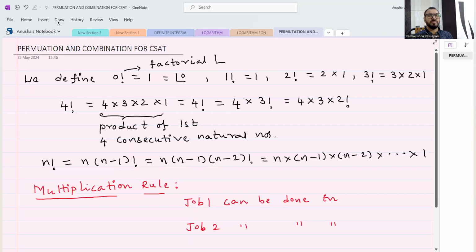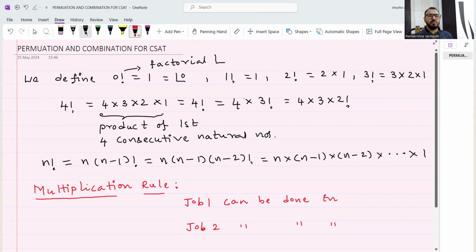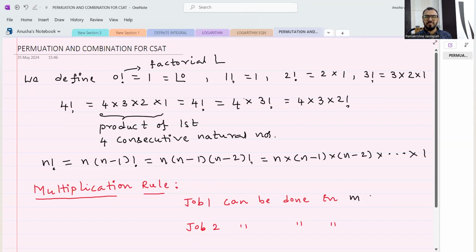Suppose there are two jobs. You can say job or an event or a piece of work, any related work. Suppose job 1 can be done in some m ways, which means a piece of work can be done in m ways. There are several ways to do a piece of work.